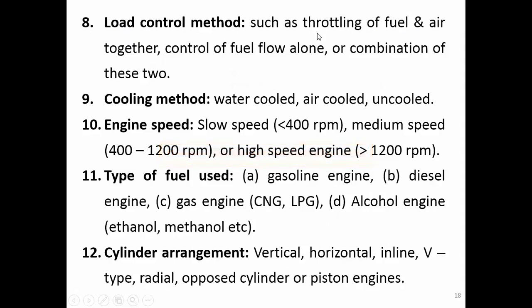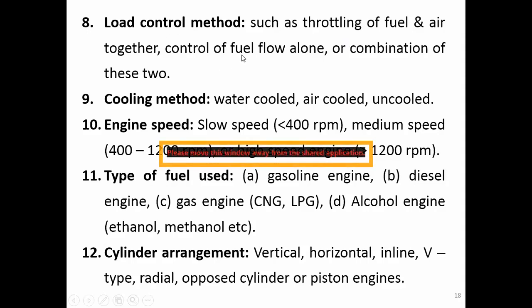That means we control both fuel and air together, or we can control the fuel amount alone. This is done in diesel engines, or a combination of these two. That means we control both the fuel and air at the same time, and later on we control just the amount of fuel. Okay, this is the method to control the loading to the engine.